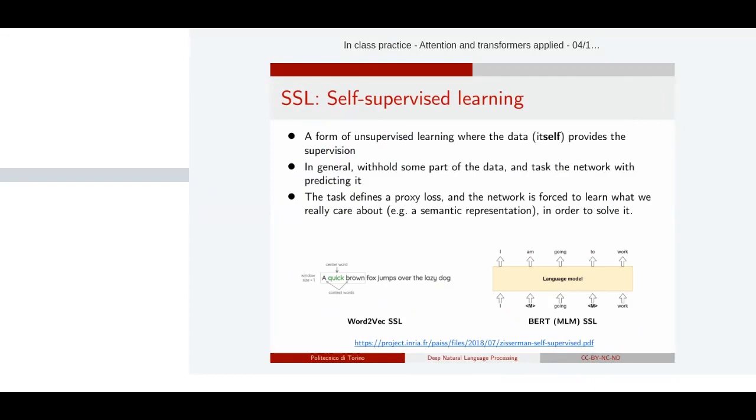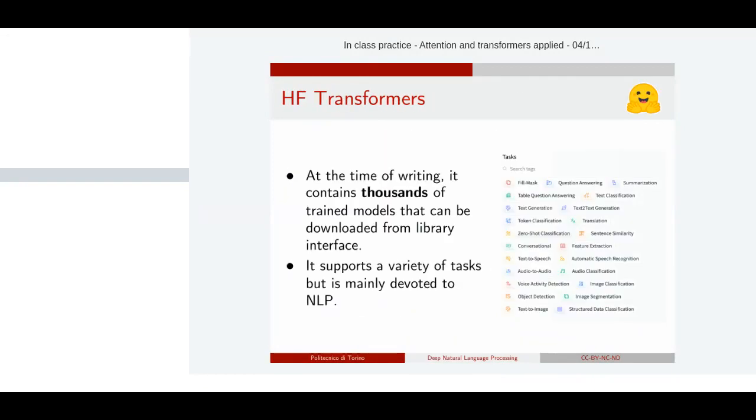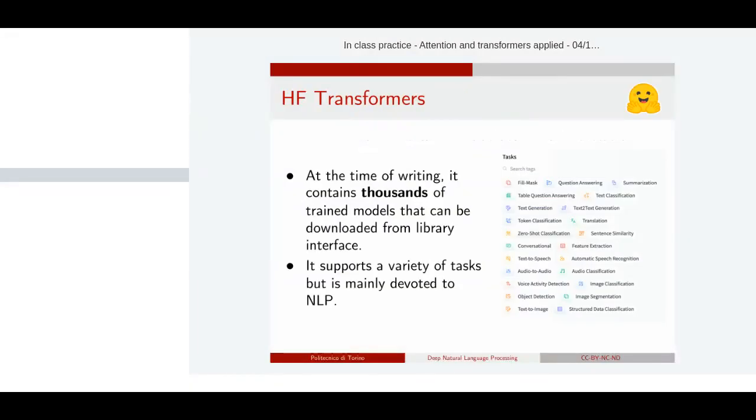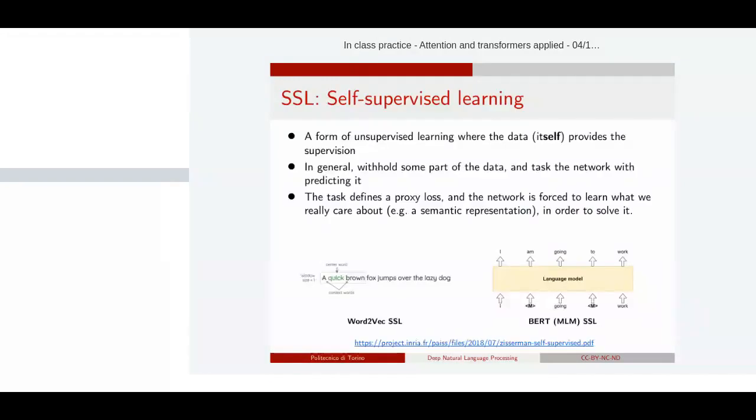We have a lot of models that are already available. Here I have just another remark on the fact that we use self-supervised learning to pre-train those models. Those models are available on repositories such as Hugging Face transformers, and then we can fine-tune them on a specific task.